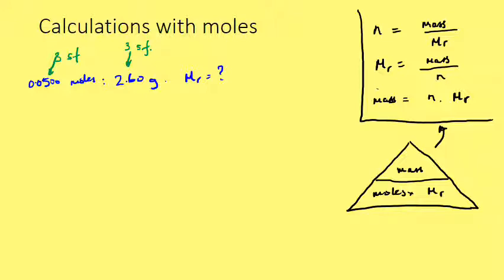Okay, so if we've been given moles and if we've been given mass, but we want to find MR, why don't we use this version of the equation? So we've got MR is going to be mass, which is 2.60, divided by moles, which is 0.0500, and so we just plug that into our calculator, and you get 52.0 to 3 significant figures.